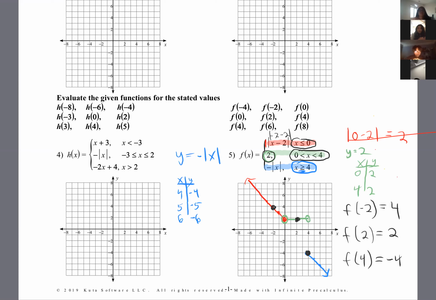This is based off the line y equals 2, in green. You're graphing the line y equals 2, and you're only including the part where the x coordinate is between 0 and 4. So from here to here. Oh, okay, that makes sense.